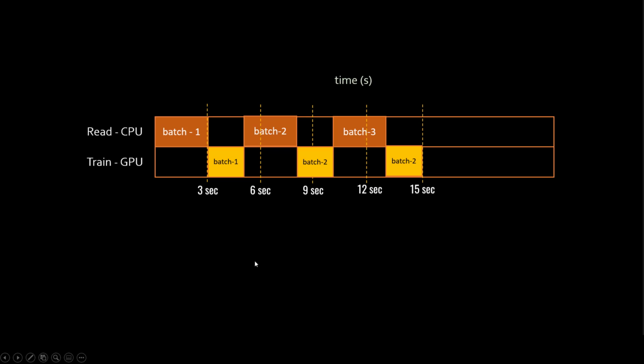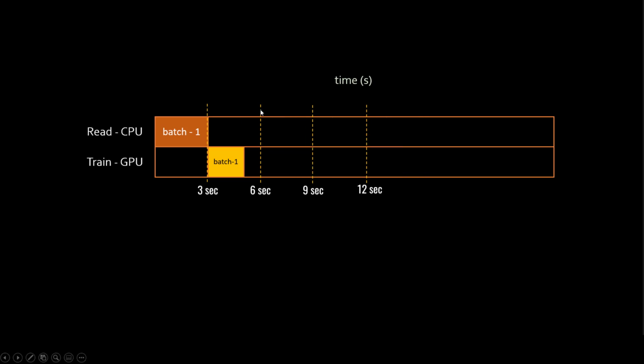But we can optimize the performance of our data pipeline by doing this. Assume that the GPU is processing your batch 1, and during that time, what if the CPU reads batch 2? So both of these units are working in parallel.